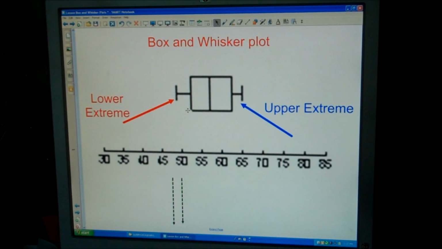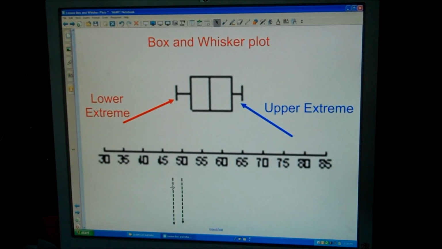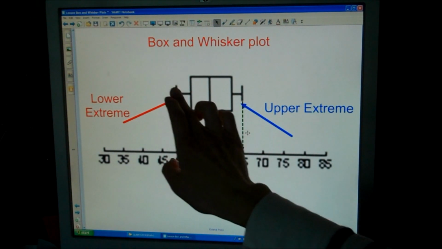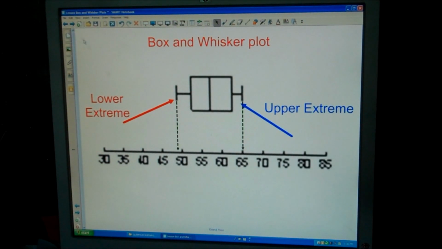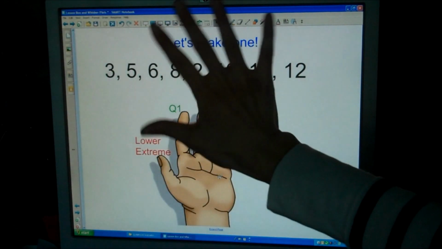All right. More vocabulary, things that you need to know. For a box and whisker plot, how you get your whiskers are your lower and upper extremes. That means your lowest number, that would be directly above here, and then your highest number. This one looks to be like it's 75. That is what makes your little whiskers. Here we go. This I want you to do. On whatever paper you're using, I want you to trace your hand right now.